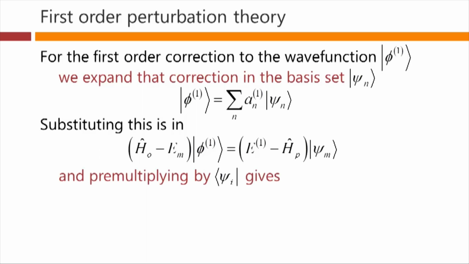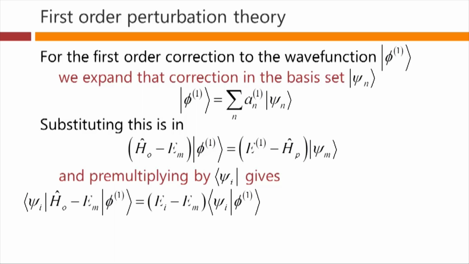And we're going to pre-multiply by psi i. On the left-hand side, that will give us psi i times h0 minus em phi 1. Well, h0 operating on psi i is just ei times psi i. So that becomes ei minus em in the middle here.